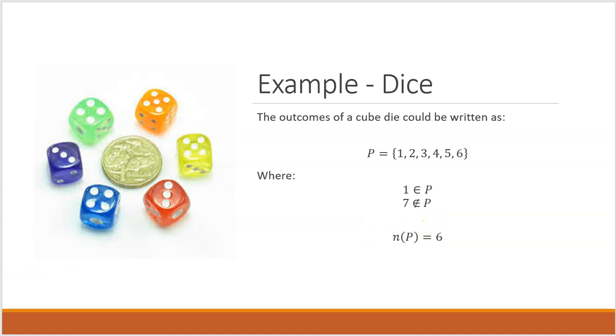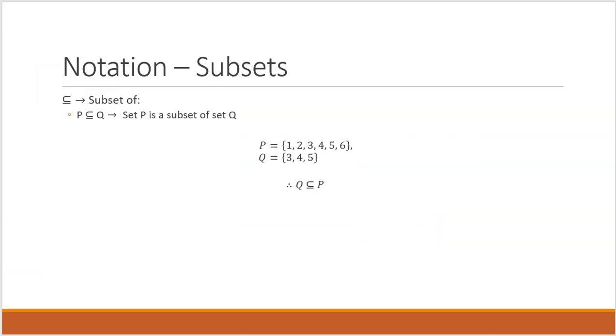Awesome. So moving on, we've got another notation: subset. So what is a subset? A subset is a set where all the elements are also present in an even bigger set.